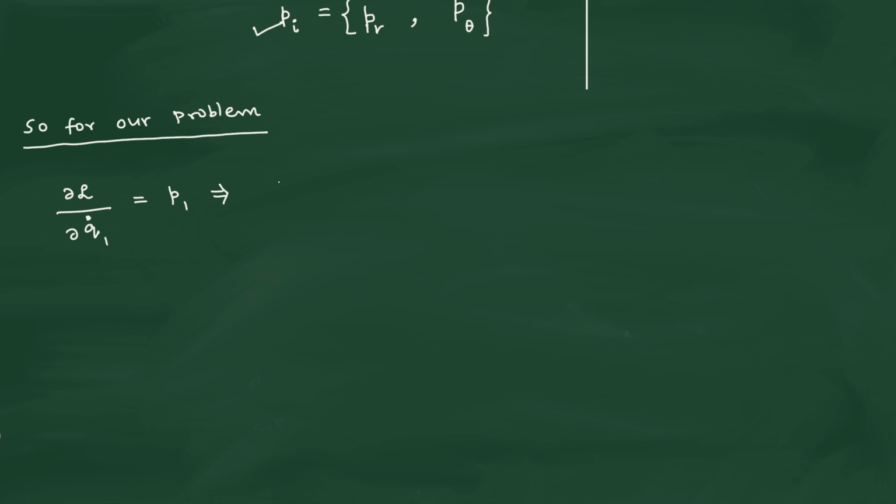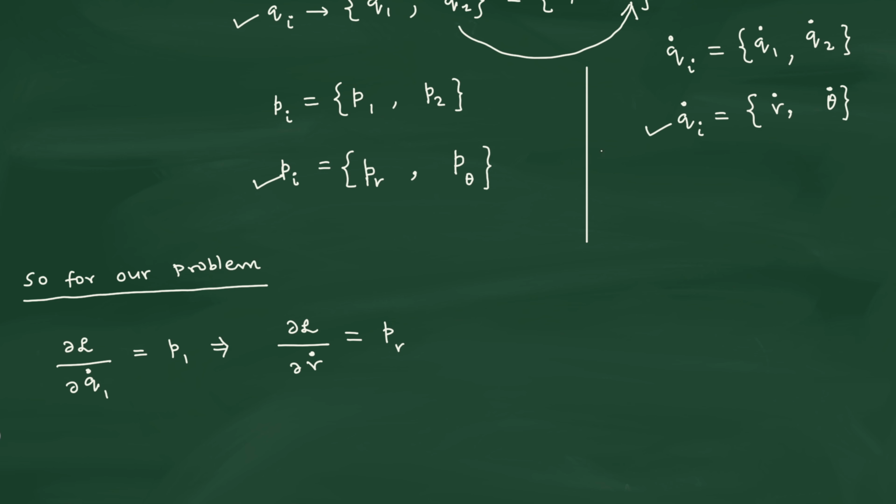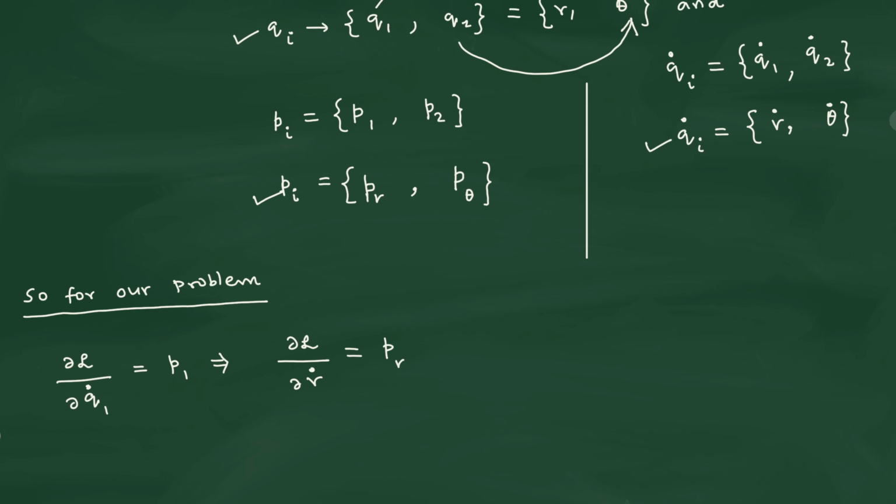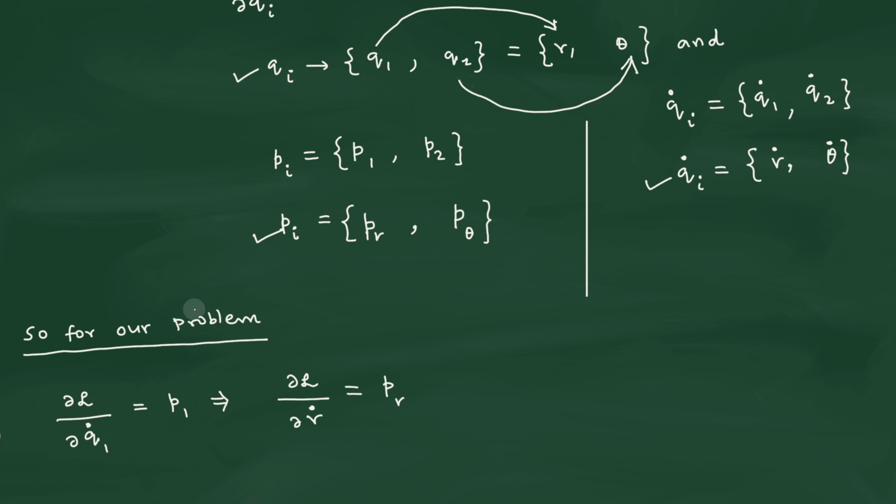That has to be rewritten like this: dou L divided by dou r dot, because the first coordinate q1 is r. Therefore, we will say r dot, and that will be given by PR. Okay, so you have to take care of this kind of symbols that I have explained. Only then it will be clear, and you feel comfortable that this equation is now clear. Dou L divided by dou r dot equal to this.